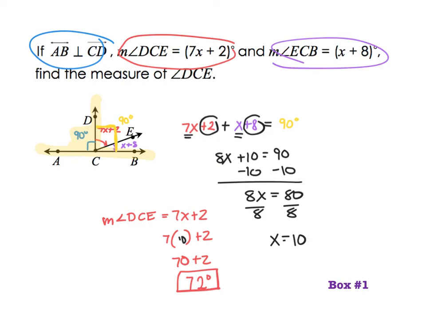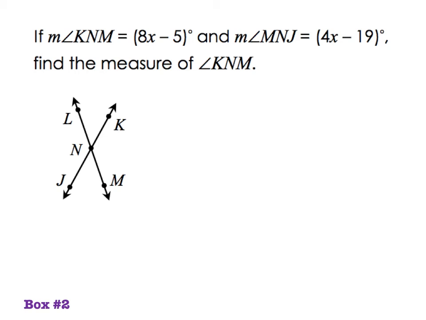Okay. Number 2. Man, this one's a crazy one. I feel like skipping it. And some of you guys are saying, skip it, Mr. Franco. We're not. We're talking about measurement of angle KNM. K and M sounds like a radio station. Right here is 8x minus 5.